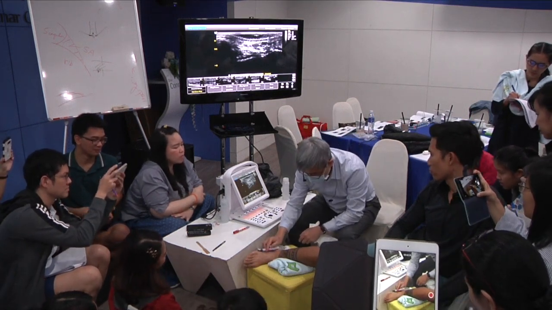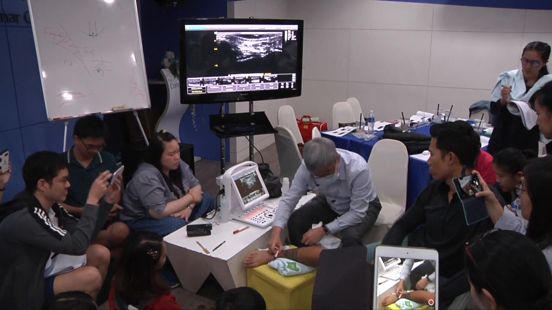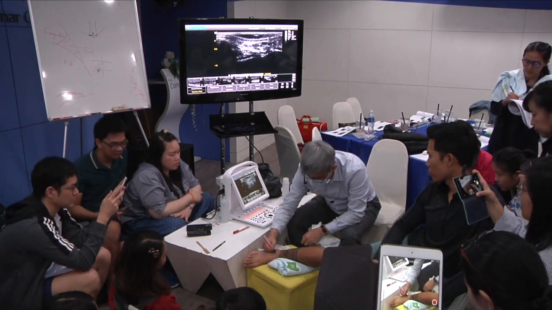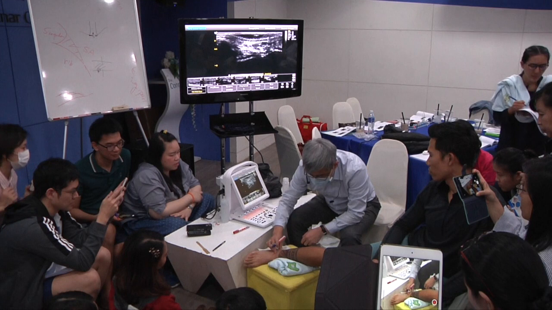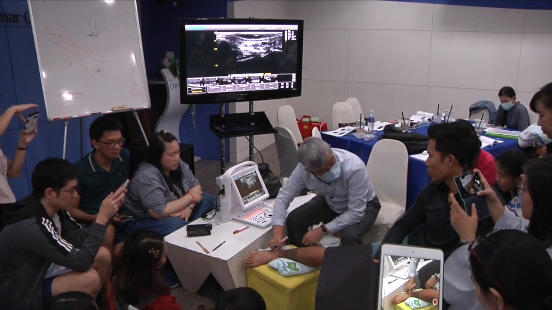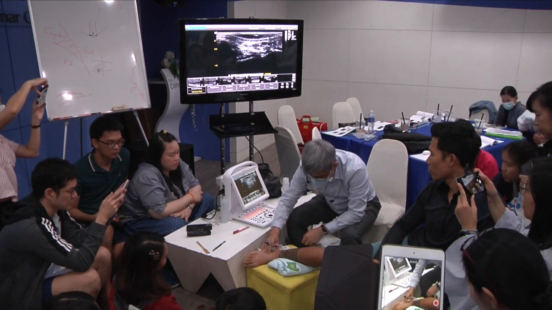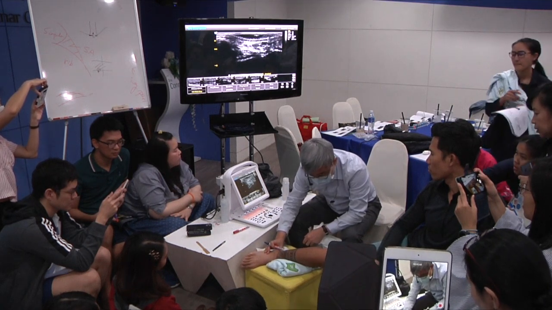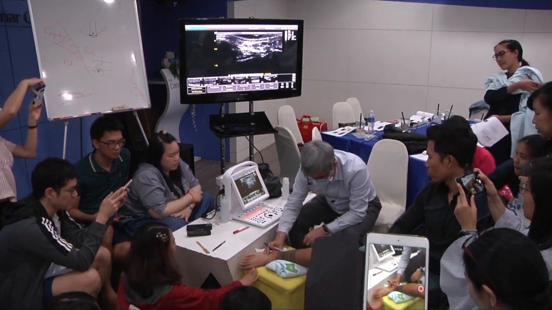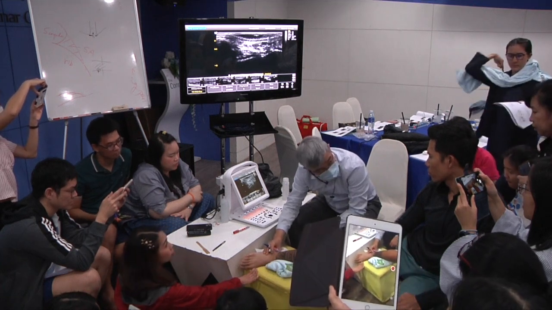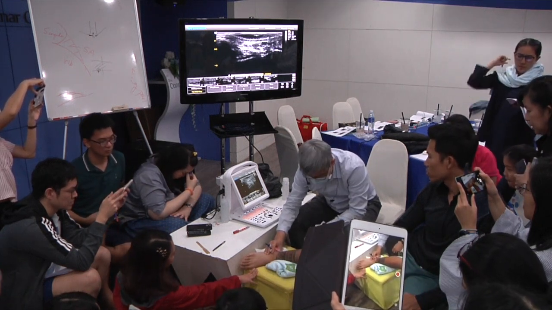Okay. Slide walking. This one, very strong, right? AITFL. This one, here. Right, this is the peroneal tendons, right? This one's here.